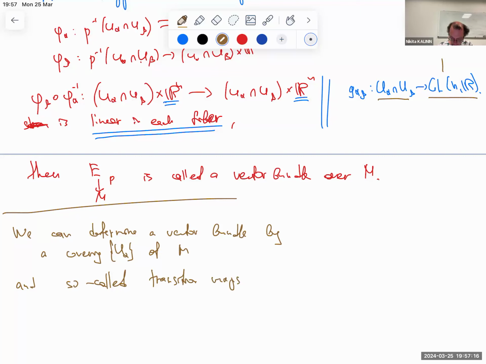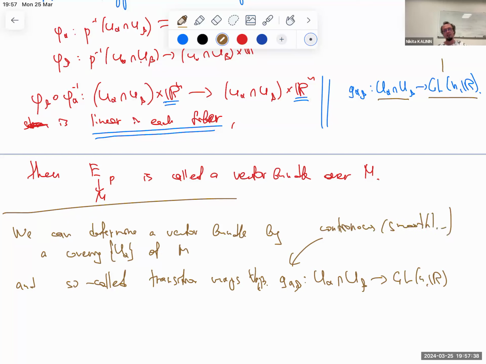A transition map is just, for any two indices alpha and beta, a map G alpha beta which goes from the intersection to GL n R, and should be, well, continuous, or smooth, etc. So it depends on the category where we live. So if you want to speak about smooth manifolds, then you want that such a map is smooth, because we know what is a smooth map from the intersection of two charts to GL n R.